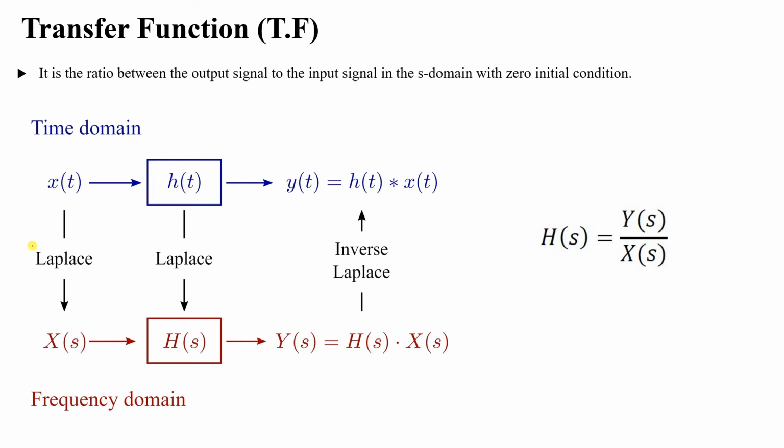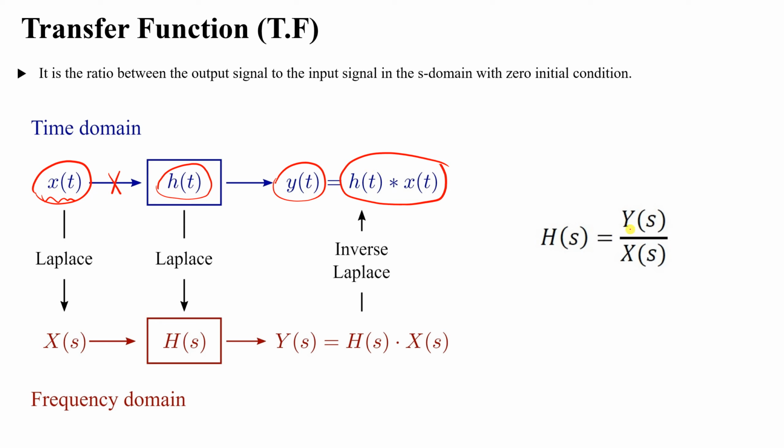So you can see that in the time domain we have x(t), and we have the transfer function, the representation of our system, and the output will be y(t). So y(t) is simply x(t) multiplied by the transfer function of the system, because h is the relation between output over input.